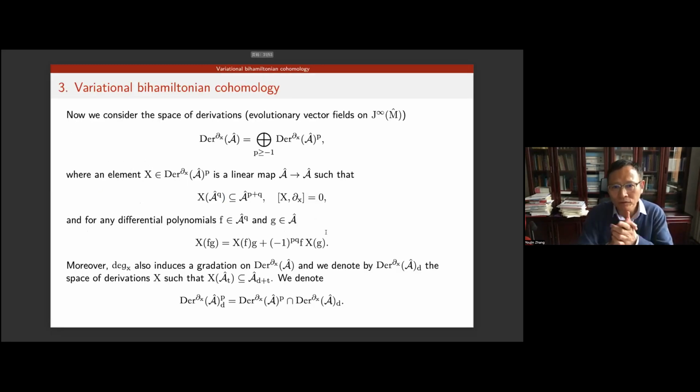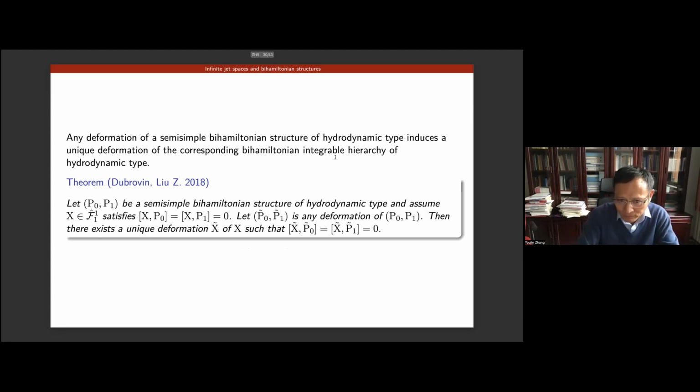Now, to study the transformation law of Hamiltonian structures and the interaction of linear reciprocal transformations, we need to consider a bigger space. Originally, we consider the space of local functionals. And we can define the bihamiltonian structures.